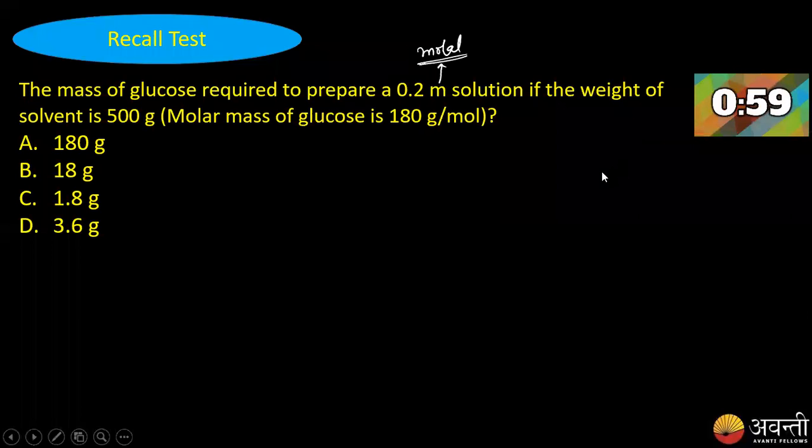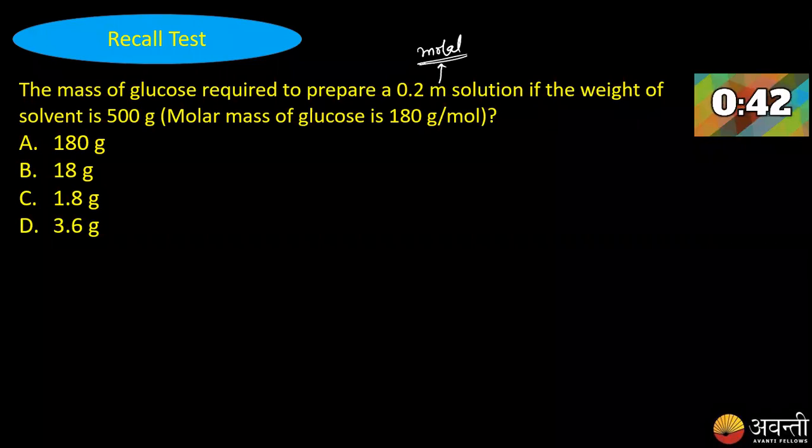So what is the amount of glucose required? The molar mass of glucose is 180 gram per mole, which is also given.